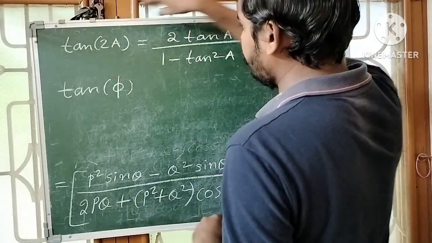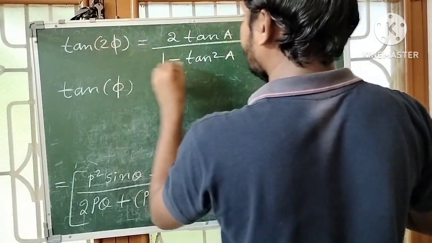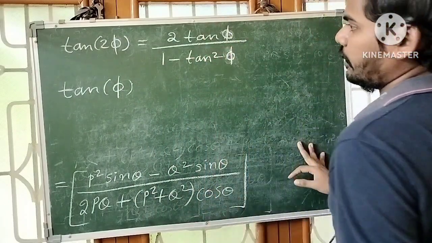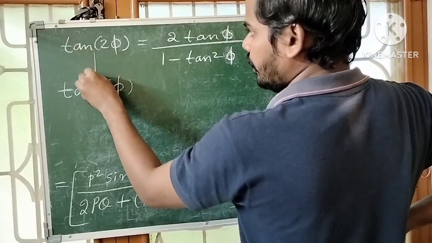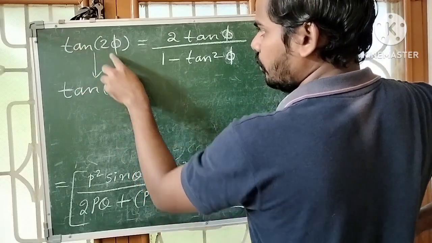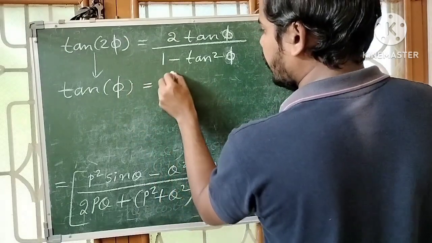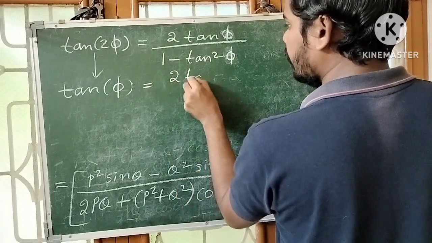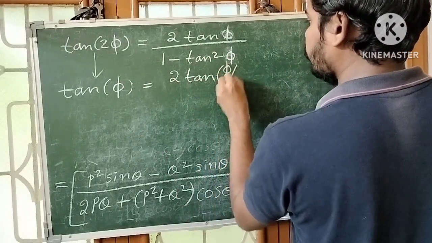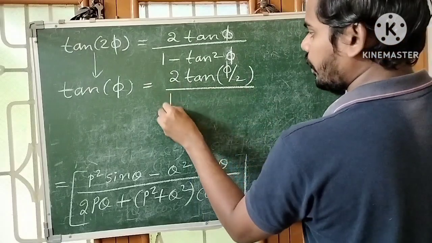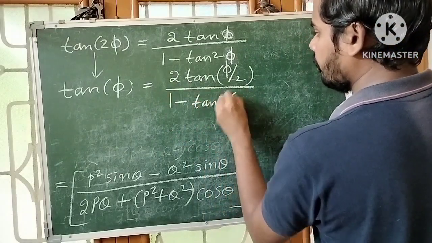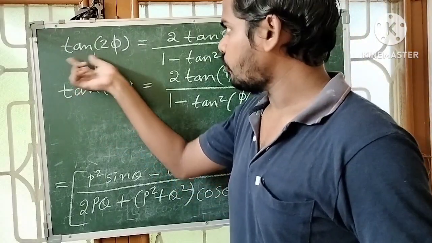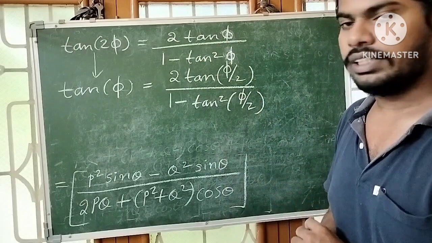This is the formula for multiple angle: tan 2 phi is equal to 2 tan phi by 1 minus tan square phi. If I consider the submultiple angle, for 2 phi we have phi, so we get 2 tan phi by 2 by 1 minus tan square phi by 2.